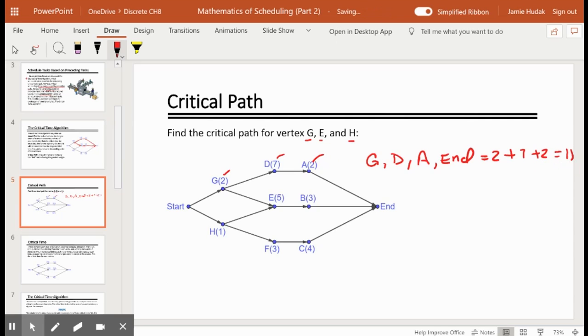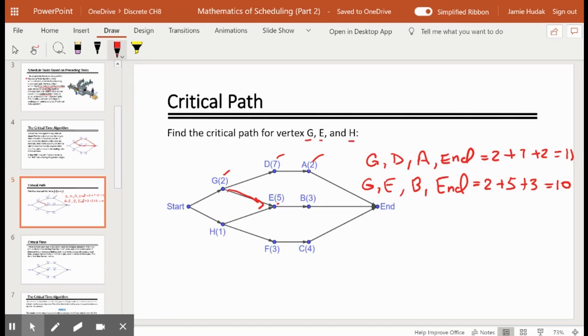This path to get to the end would take 11 units of time. And then we noted that G also has a second path. We can go from G, but instead we can head towards vertex E, and then to B, and then to end. If we added up these times, we would have 2 units of time for G, 5 units of time for E, 3 units of time for B, and that gives us 10.